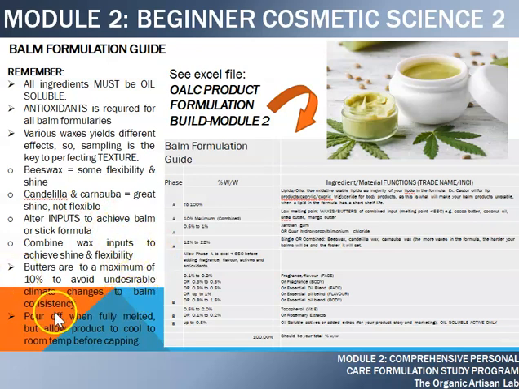Butters are to a maximum of 10% to avoid undesirable climate changes to balm consistency. So, like in the formula that I will be giving you for our balm, I gave you only 8% shea butter because we're only allowed to use up to 10%, so that it will not affect the consistency once it travels to other regions.